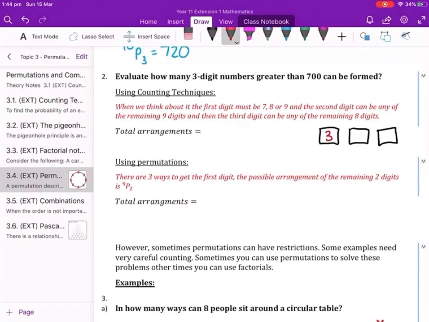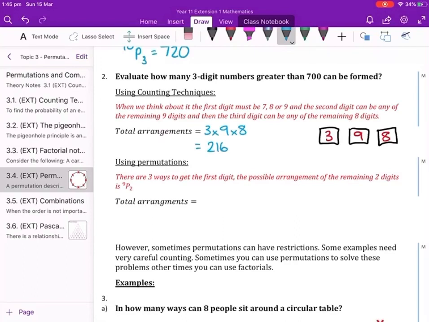But the second digit can be any of the remaining 9 digits because we have our 10 digits that we're playing with. So we write 9 in there, and then our third digit can be any of the remaining 8 digits. So using counting techniques, our total is 3 times 9 times 8, and when we put that into our calculator, we get 216.